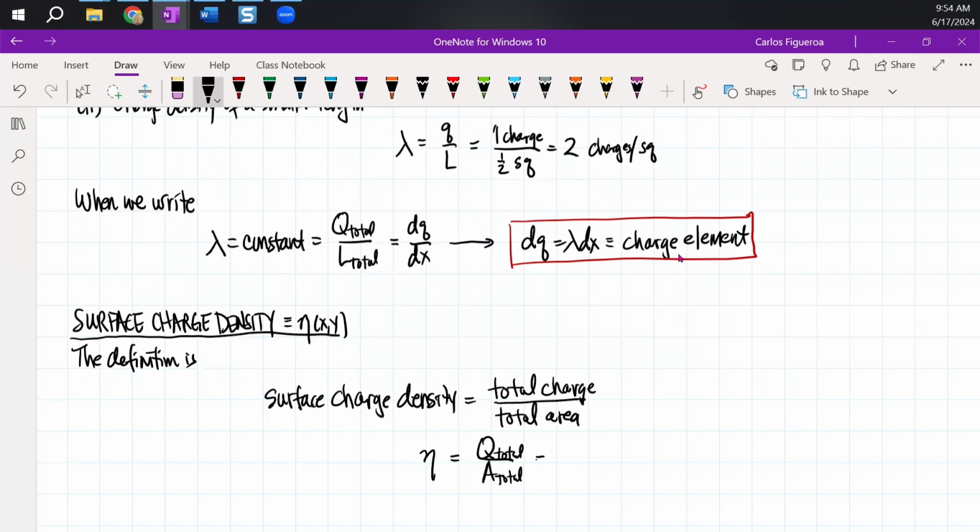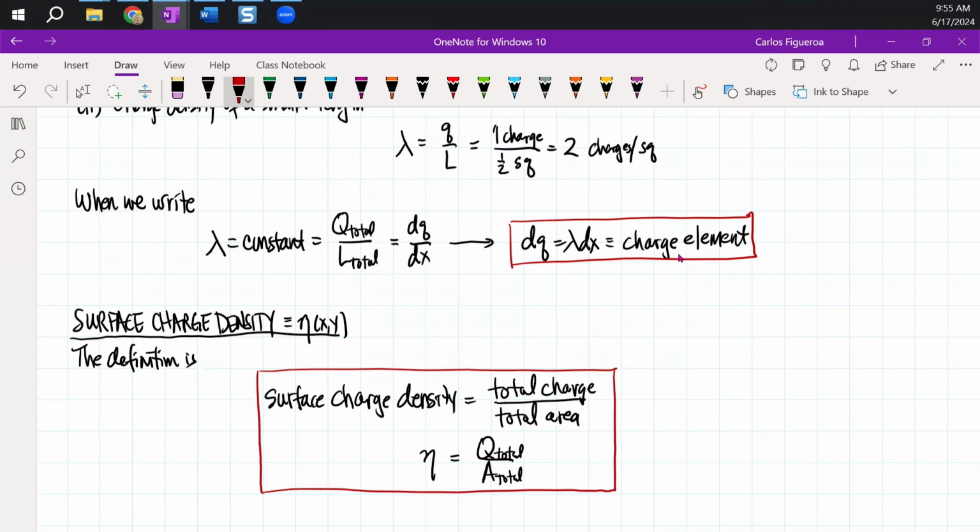Let's leave it like that. And again, unit-wise, it's going to be a unit of charge divided by a unit of area, which will then be coulombs per meter squared.